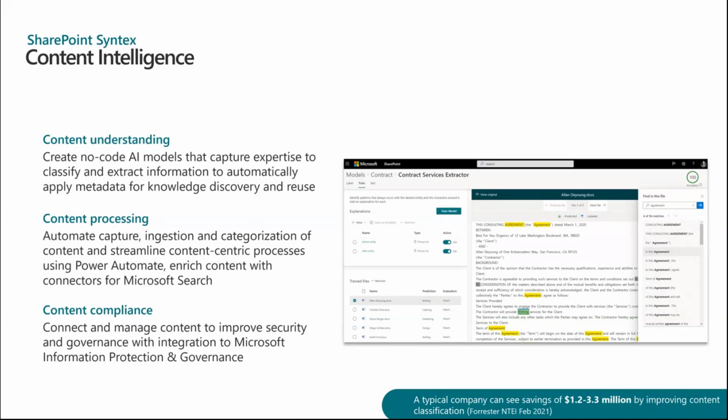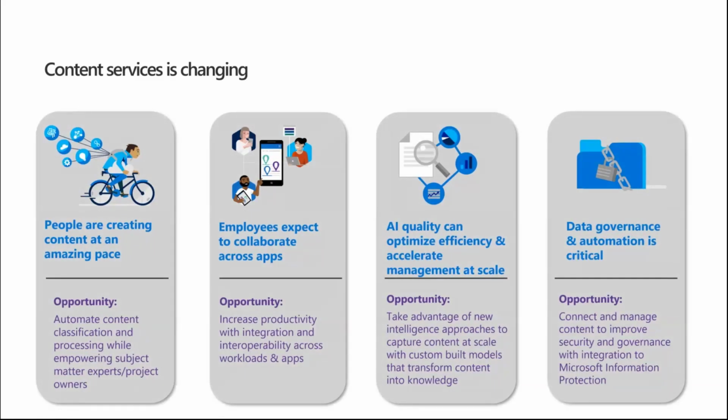And then, of course, we work very closely with the information governance group, so we've worked very hard to provide integration with the compliance and Microsoft Information Protection labels, so that you can use this metadata and content classification to drive consistency in how your content is labeled for retention and sensitivity purposes.